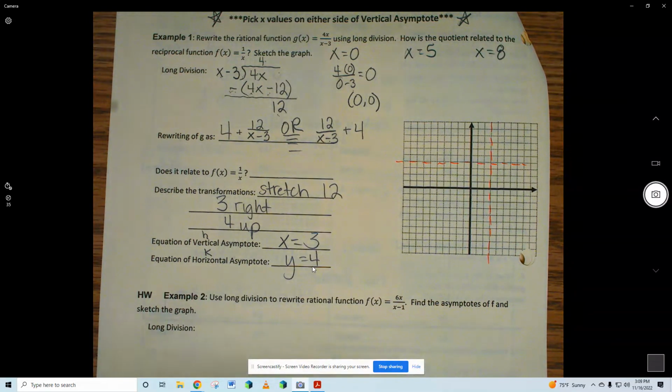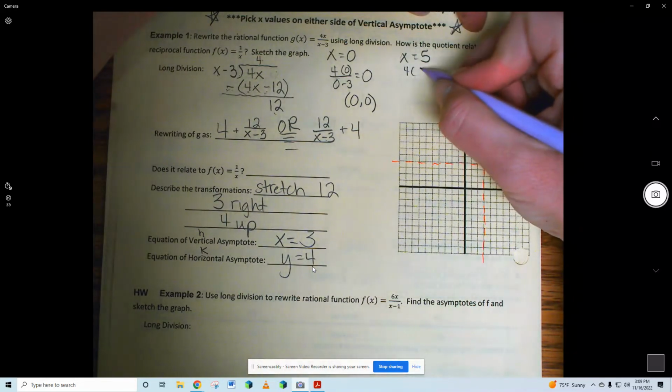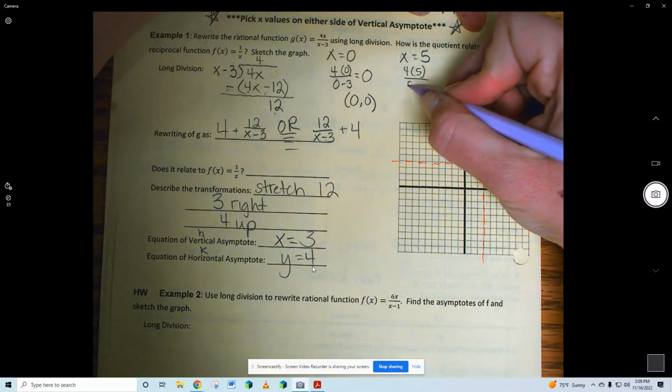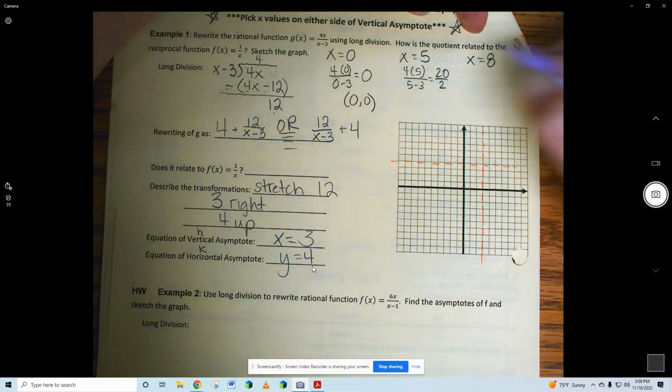Plug in 5. Okay. My numerator is 4 times 5. My denominator is 5 minus 3. 20 over 2. That's 10.